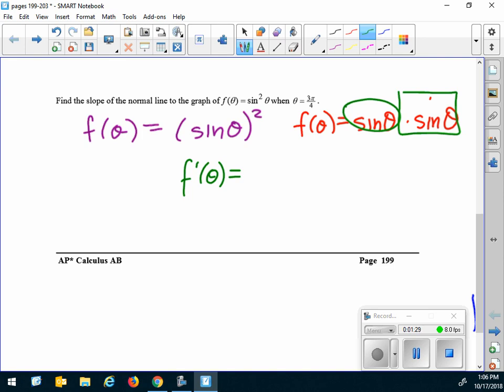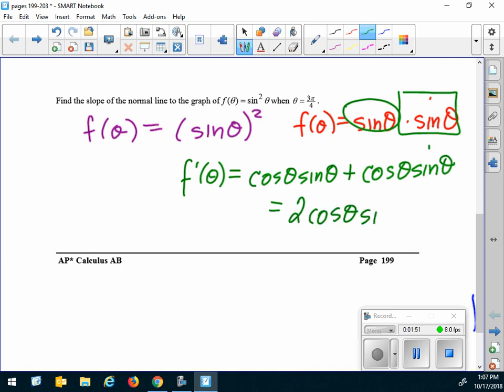Cosine times the second. So this is cosine theta sine theta plus the derivative of the second, cosine theta times the first. You see that those are the same? So the derivative is 2 cosine theta sine theta. Right?